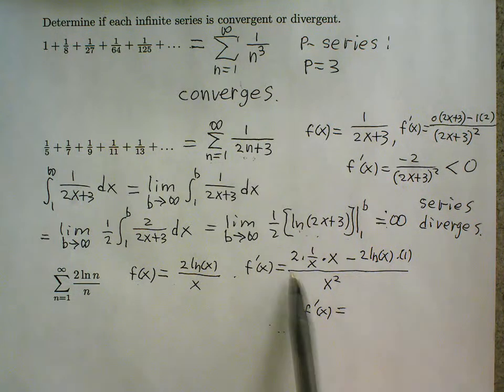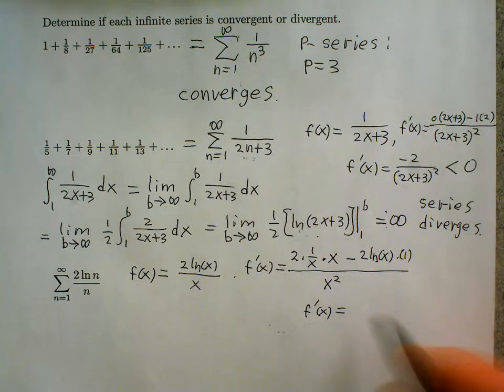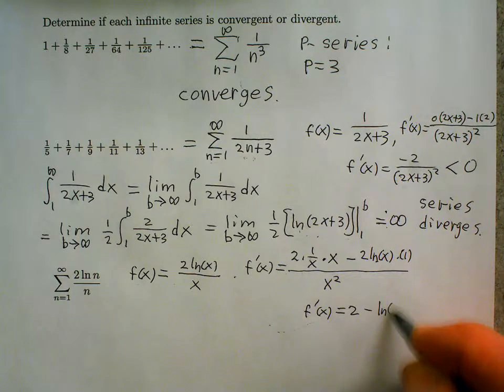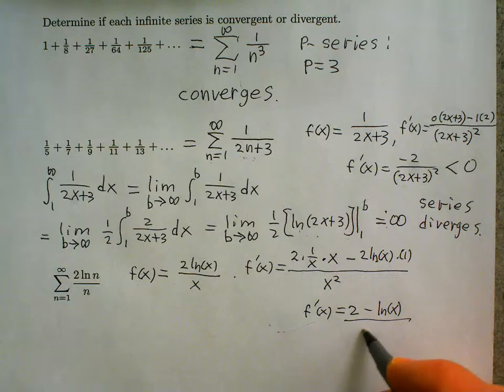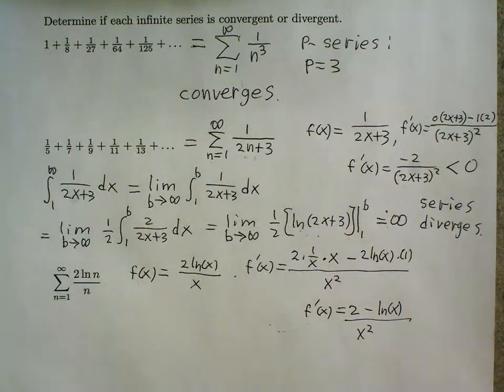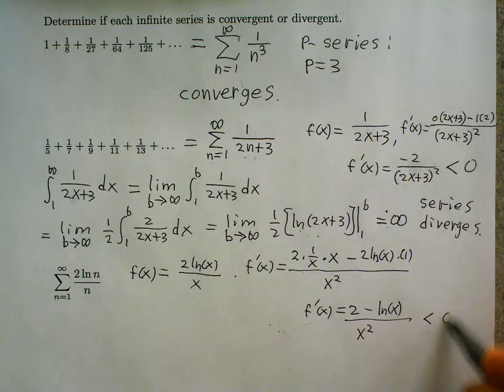Okay, so 2 times 1 over x times x is just 2. 2 minus the natural log of x, all over x squared.